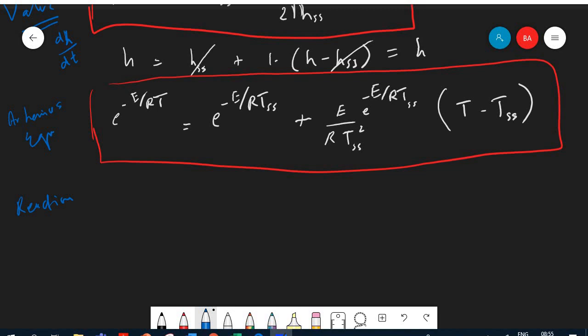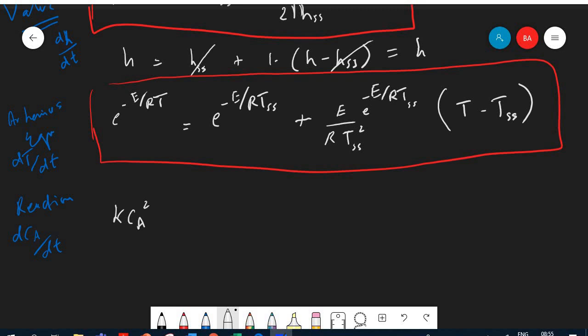And in the Arrhenius equation we had dT by dt, and the nonlinear term was e to the power minus E over RT. And in this case, for the reaction, we have dCa by dt, and the nonlinear term that we want to deal with is kCa squared.